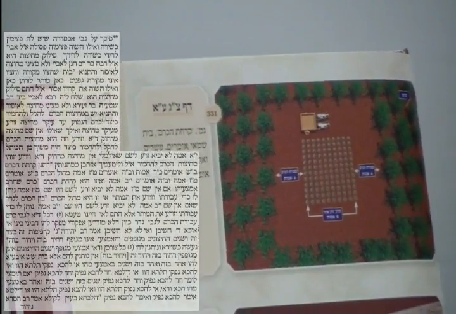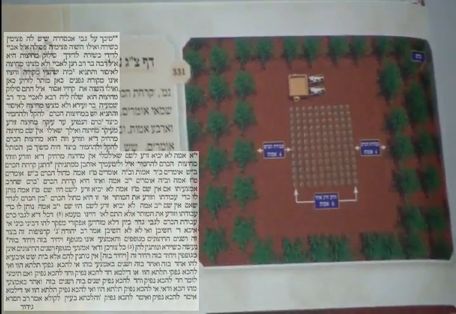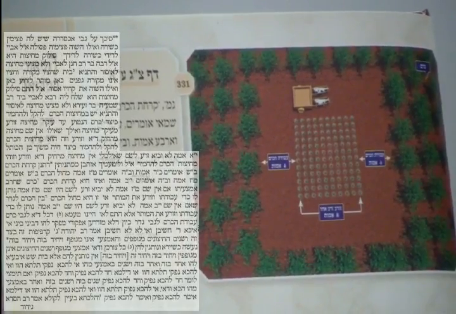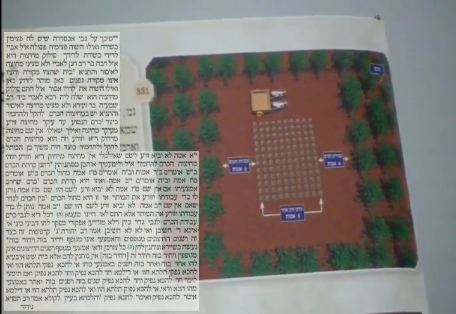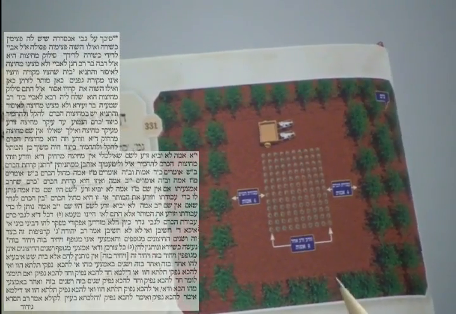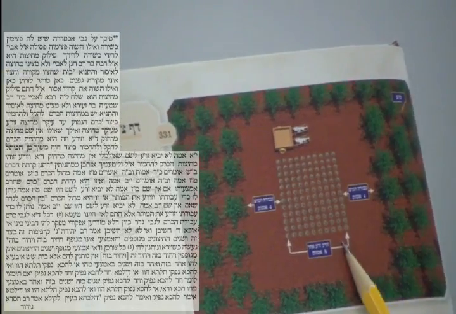So it said, karachat HaKerem, בית שמאי אומרים 24 אמות, ובית הלל אומרים 16 אמה, which means Beit Shammai said you need to have at least 24 cubits, and Beit Hillel said that 16 is enough.